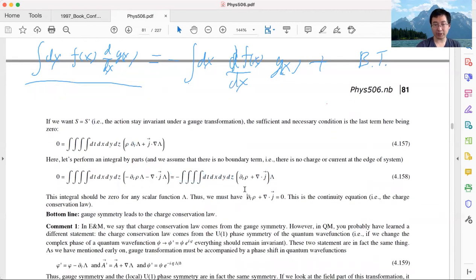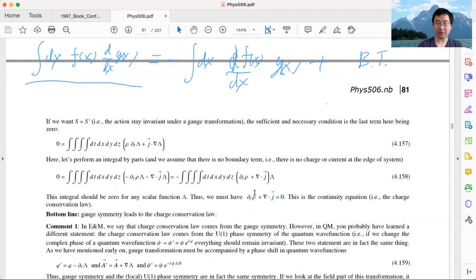My gauge symmetry tells me this object needs to be 0 for any lambda, for any gauge transformation. If this is 0 for any lambda, then this guy has to be 0. And this is nothing but my charge conservation law, the continuity equation for charge.